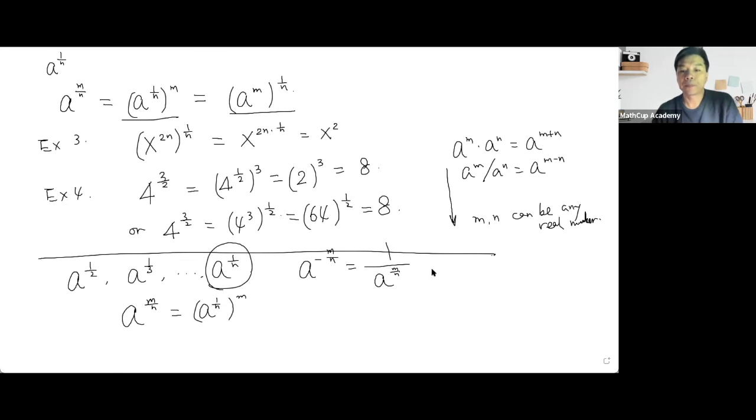So now we can do things like this. Another example: what is x to the power 1/3 times x to the power 2/3 times x to the power 3/3? By property 1, you can add the exponents together. So this is x to the power 1/3 plus 2/3 plus 3/3, which equals x to the power 6 over 3, which is x squared.